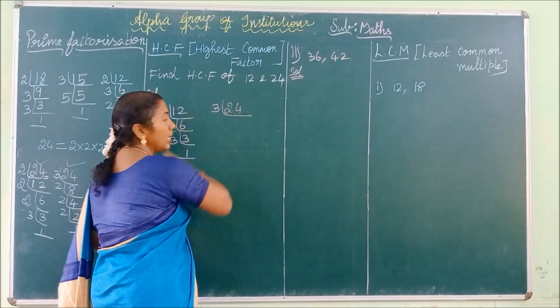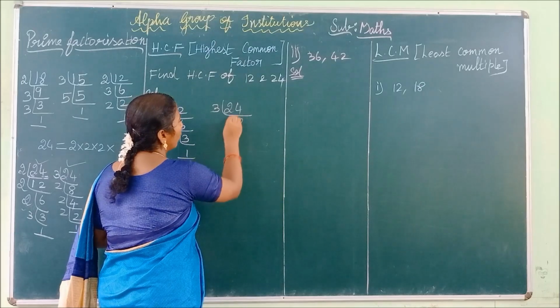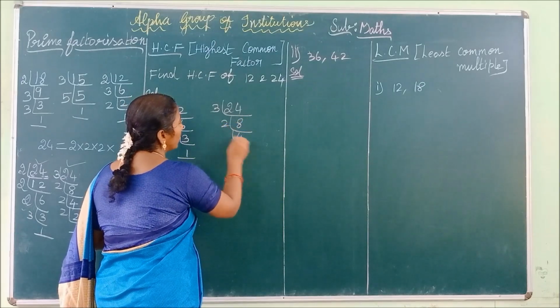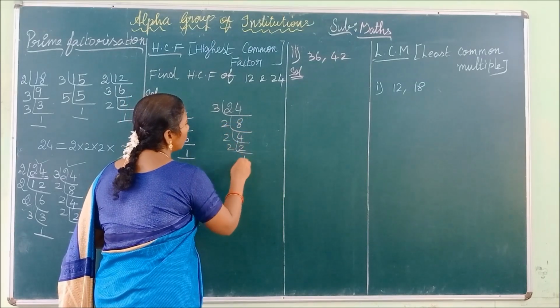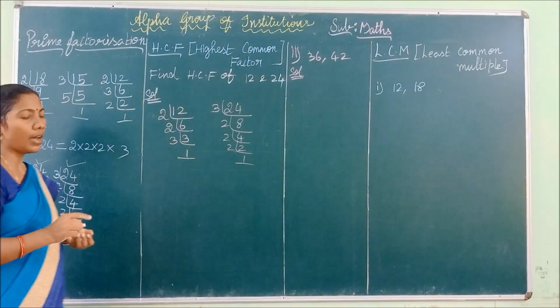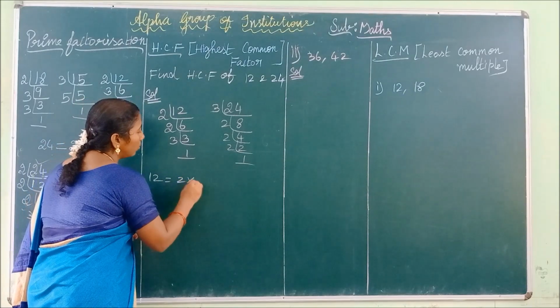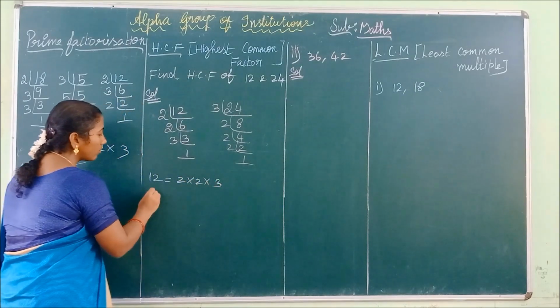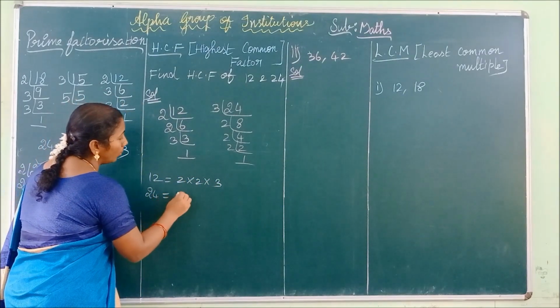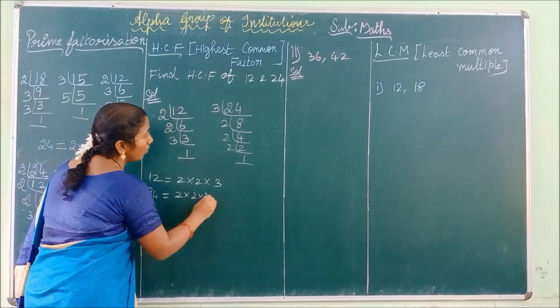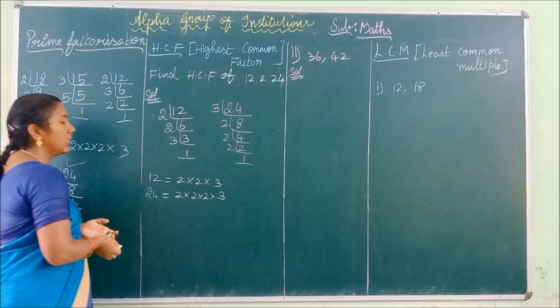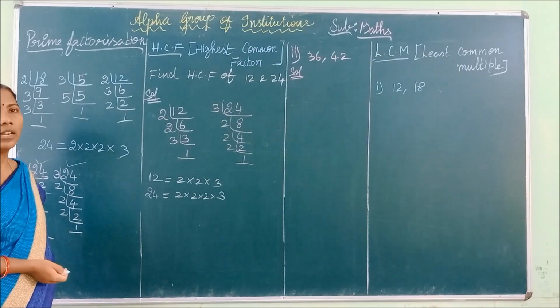First I am choosing 3 as a divisor. 8 3s are 24. 4 2s are 8. 2 table, 2 times 2 is 1. Now we are going to arrange the prime factors. 12 equals 2 into 2 into 3. 24 equals 2 into 2 into 2 into 3. Thus we have factorized the given numbers.